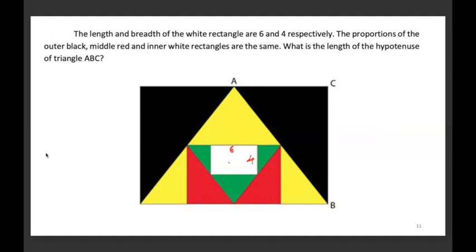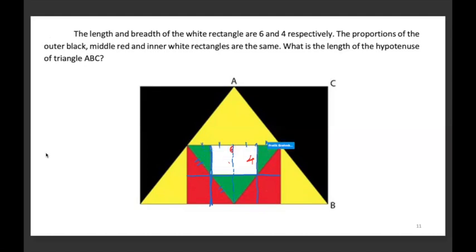For that, we'll start making extensions of these lines to know how the geometry of white and red are related with each other. You know they are related, it can be seen very easily. So when you make these extensions of these lines, and also one more here if you want, at the center, you will get, you know that these two are equal. If these two are equal, naturally these two are the same.